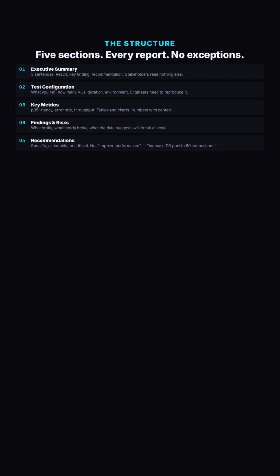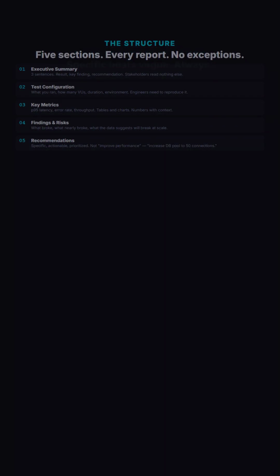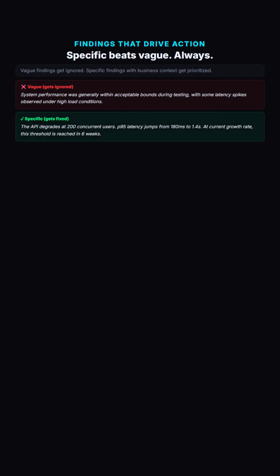The primary bottleneck appears to be the payment service database connection pool, which is currently configured at a maximum of 10 connections. That is the entire executive summary. A manager can read it in 30 seconds and understand what happened, what the impact is, and what needs to happen next.